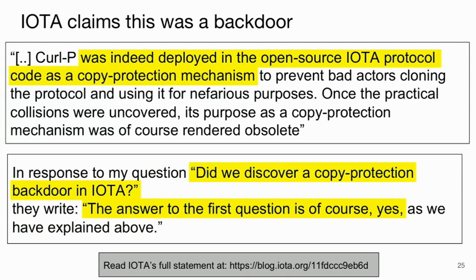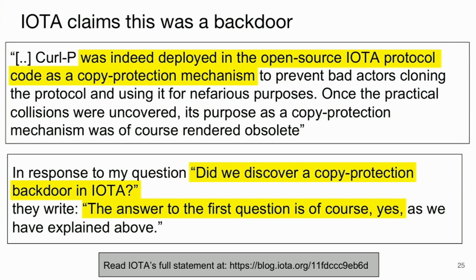Interestingly, after we disclosed it to them, they fixed it. We went public with the vulnerability. They wrote this response to our vulnerability disclosure, and they said Curl-P was indeed deployed in the open source IOTA protocol code as a copy protection mechanism to prevent bad actors cloning the protocol and using it for nefarious purposes.